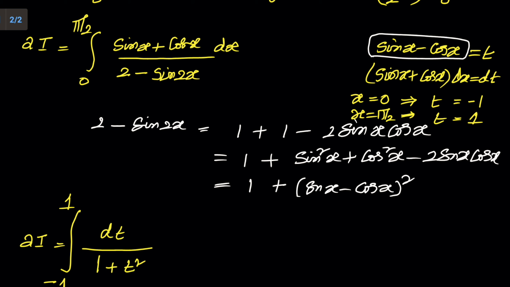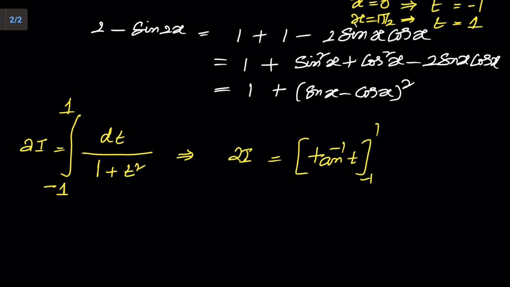And we know this is a standard integral, so we can write down 2I equals to integral of dt by 1 plus t square is tan inverse t, and the boundaries will be minus 1 to 1. That will give us 2I equals to tan inverse 1 minus tan inverse of minus 1.